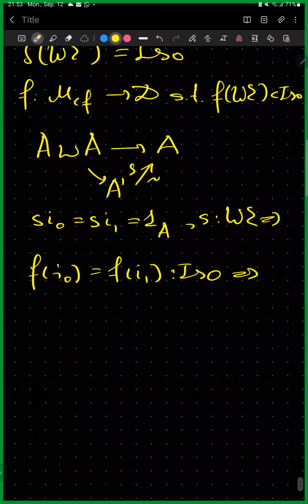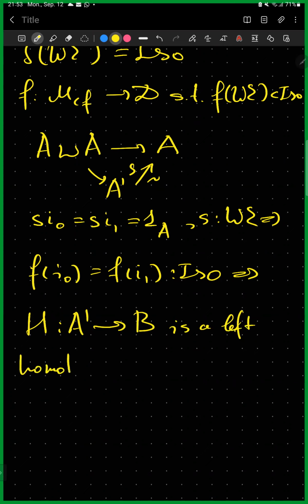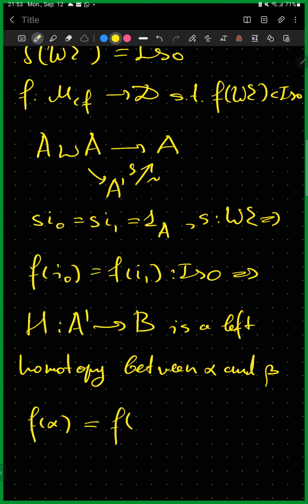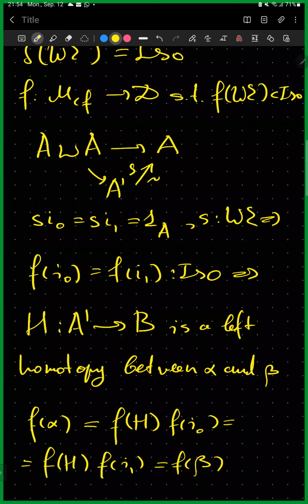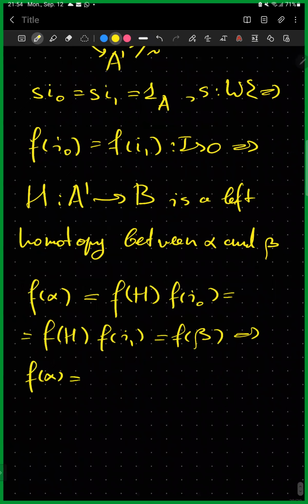This in turn implies that if H is a left homotopy between alpha and beta, then F of alpha is equal to F H F of a0 is equal to F H F of a1, which means that F of alpha is equal to F of beta.